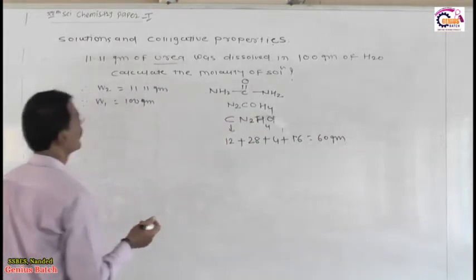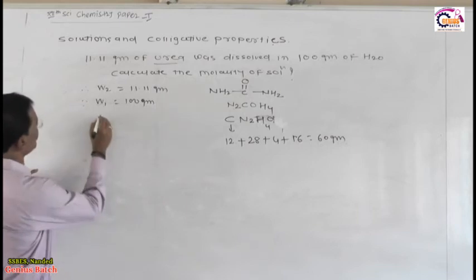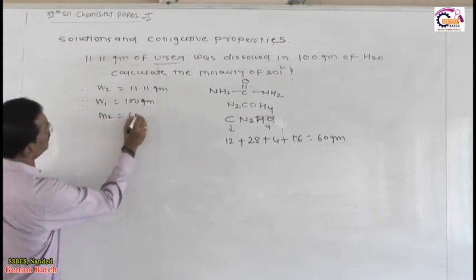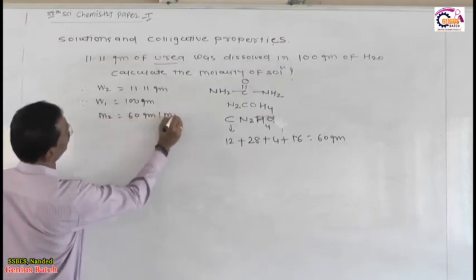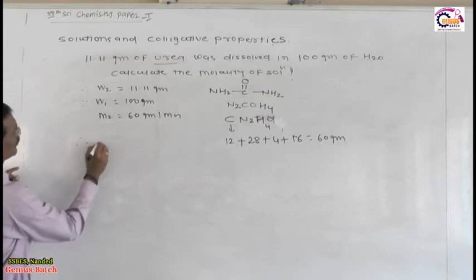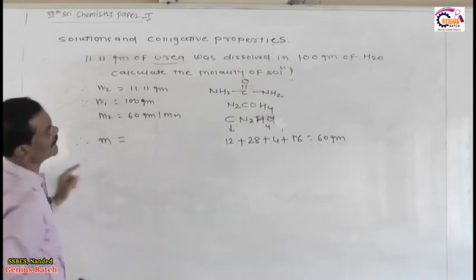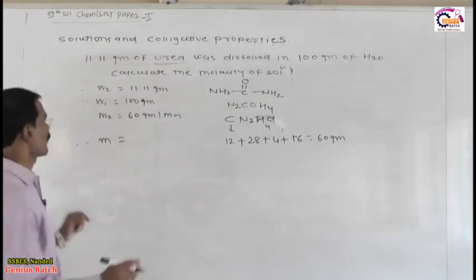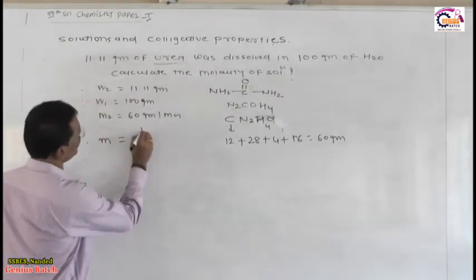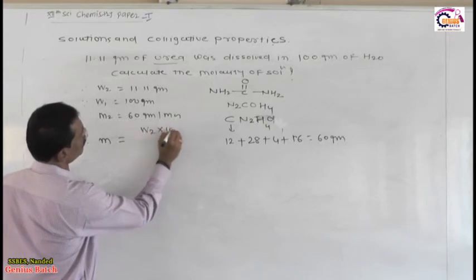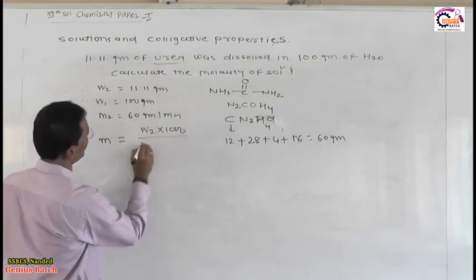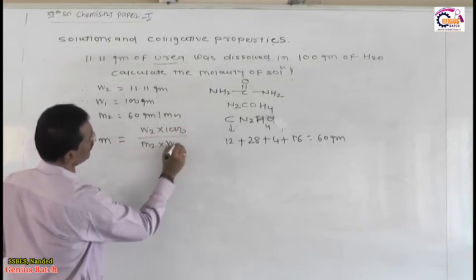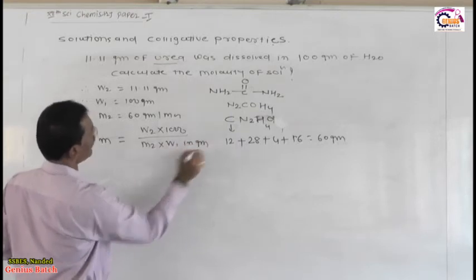Therefore M2 is equal to 60 gram per mole. Very simple formula. Small m is nothing but the molality. Therefore small m is equal to W2 into 1000 divided by M2 into W1, with W1 in gram.